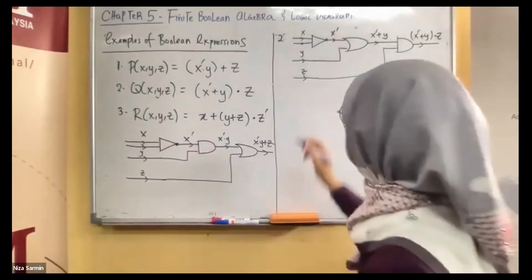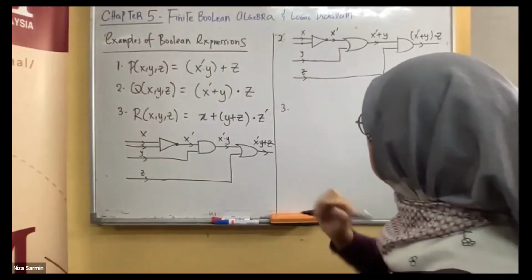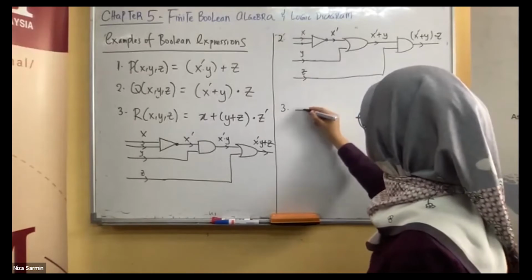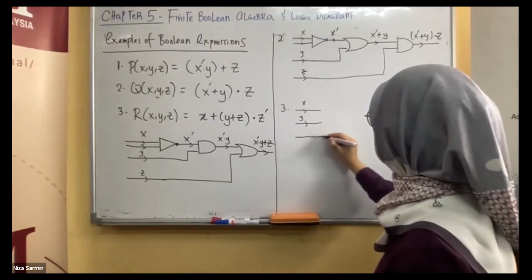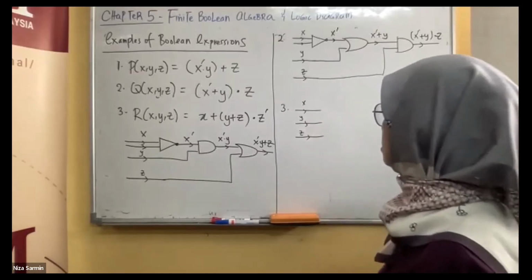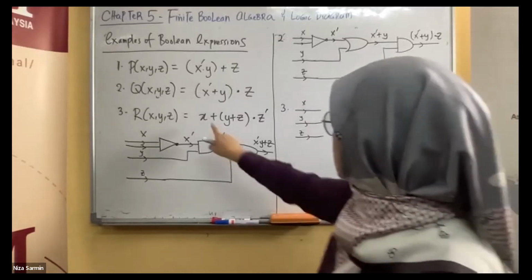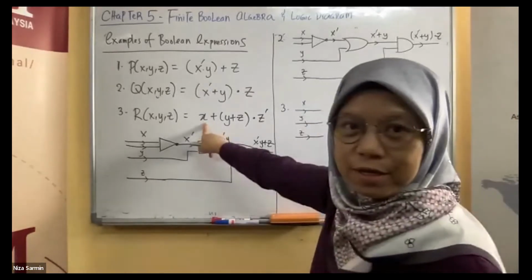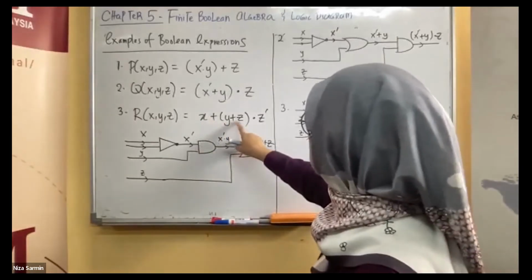Right? 3. Wow, panjang. So this one is x, y, z. But the x is at the end, right? This is at the end. You actually have to do this first, right?